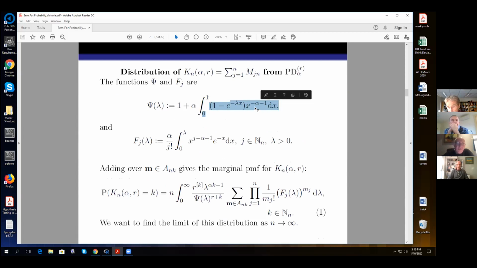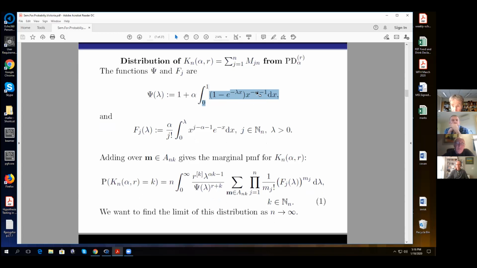The x to the minus alpha minus 1 appears here as a result of the fundamental way that the distribution is constructed from a stable subordinator. And that alpha, which lies between 0 and 1, comes from that stable subordinator. There's also the parameter r, and I'll mention a little bit later where that comes from.